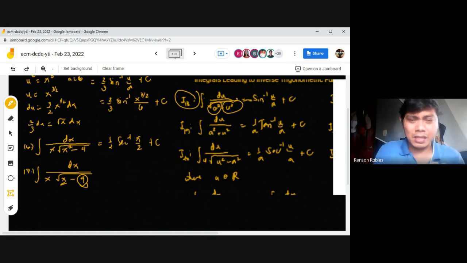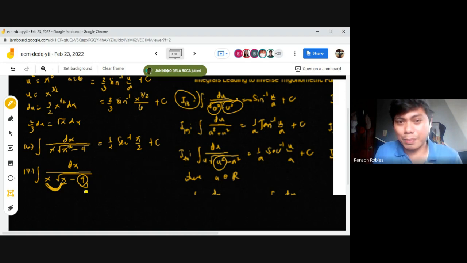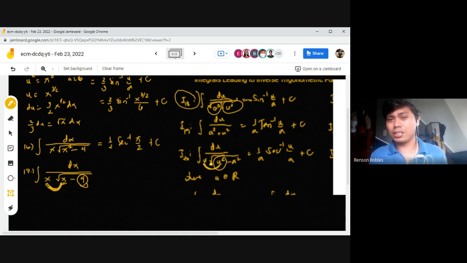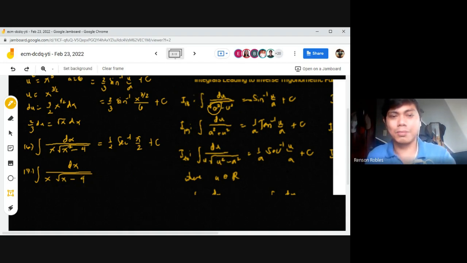Sir, tingnan nyo naman. U square, naka-square. Hindi. Itong dalawang to are equal. Di ba? Itong dalawang to are equal. Ito dapat hindi sila equal. So, hindi siya pwedeng maging I-20. But, a little manipulation, algebraic manipulation, we can achieve the form ng I-20. Okay?